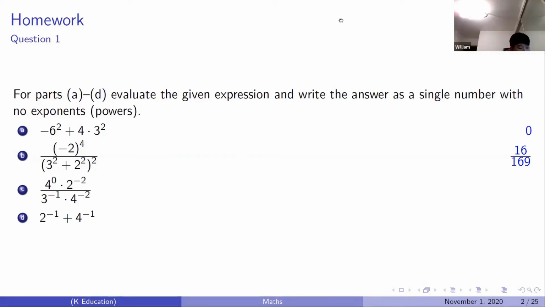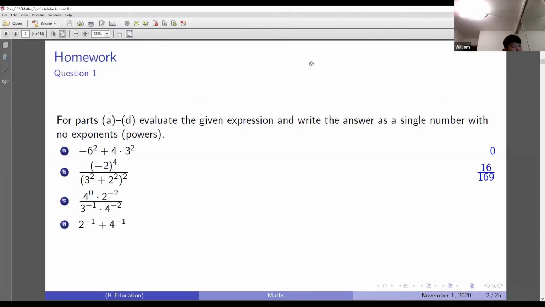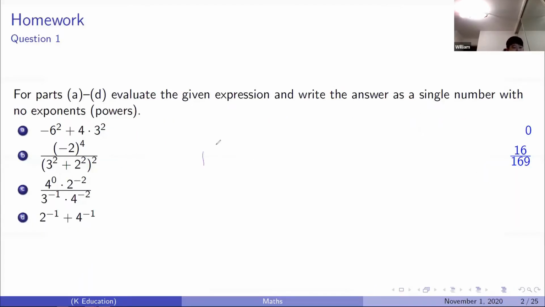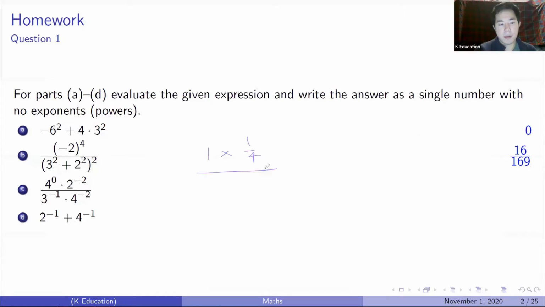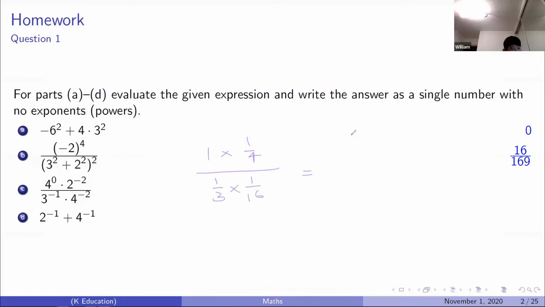So basically I got 1 times a quarter divided by a third times a 16th. Yes, okay. And what do you do from here? Then I just did the multiplications. So what does that give you? A quarter over 1 over 48.